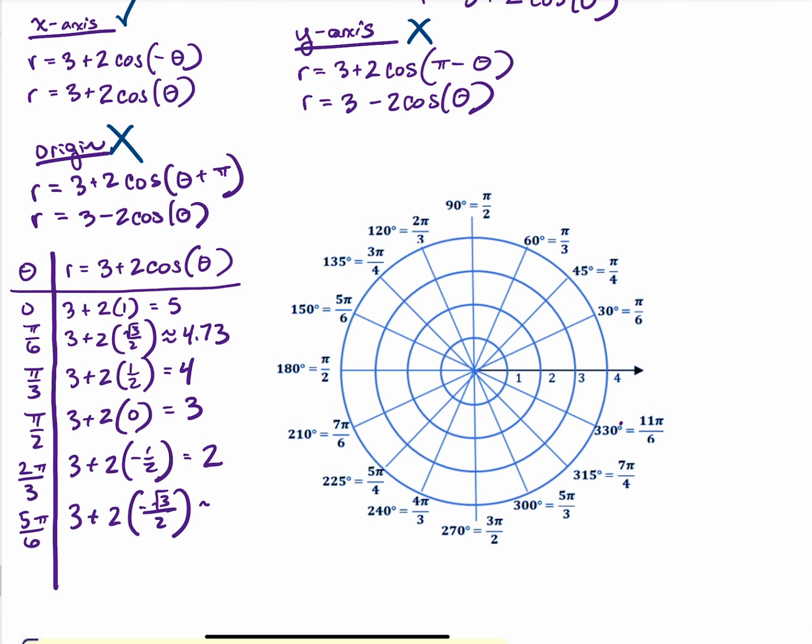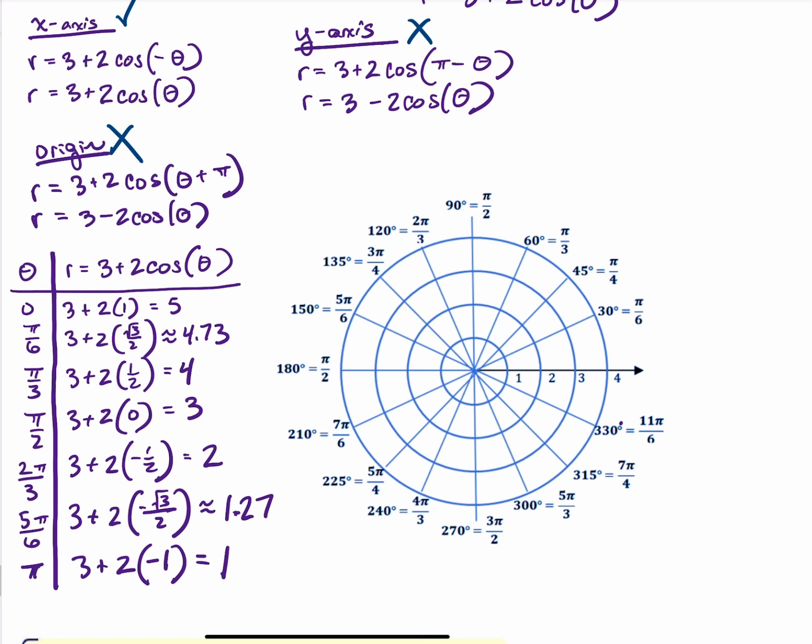So that is approximately 1.27. And then for pi, 3 plus 2 times the cosine of pi, which is negative 1, we get positive 1. So let's plot these and then use some symmetry.